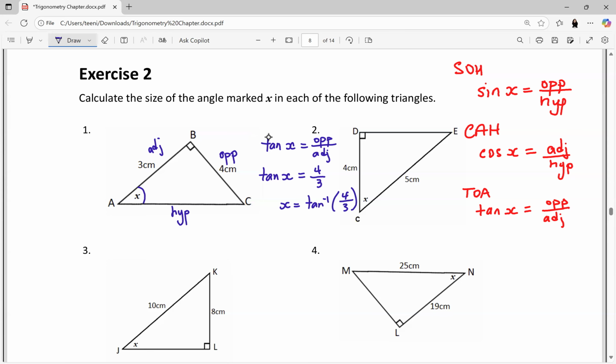It doesn't matter if I change that to a decimal or leave it as a fraction. On my calculator, I will type second function, tan, to get tan inverse. Make sure you see tan inverse on your screen. And then I press 4 over 3 to get 53.13 degrees.